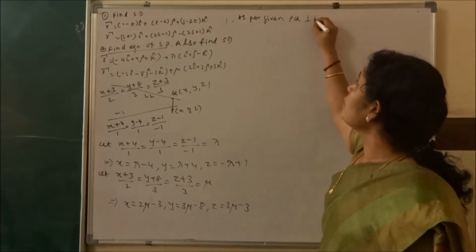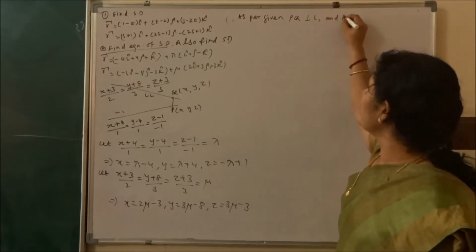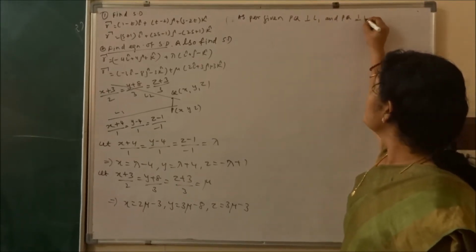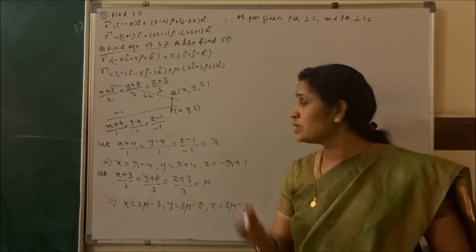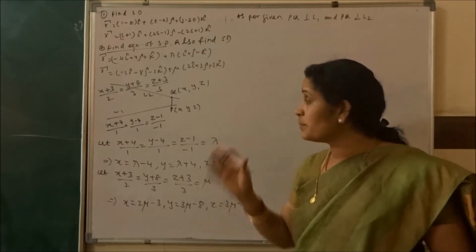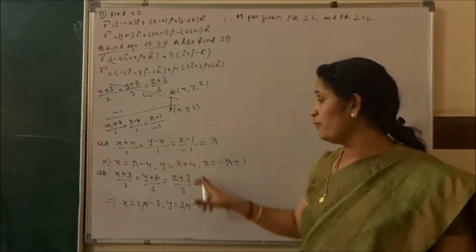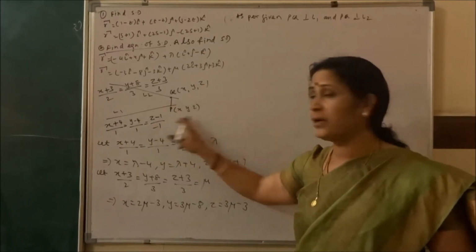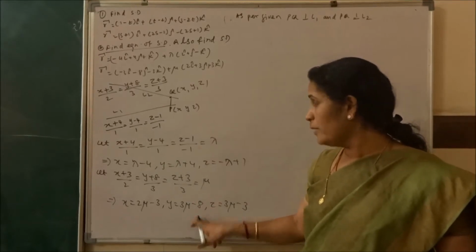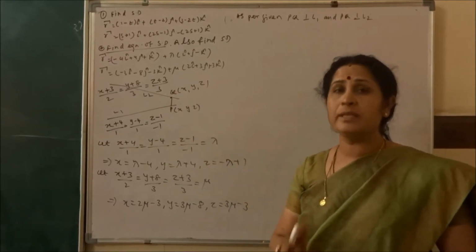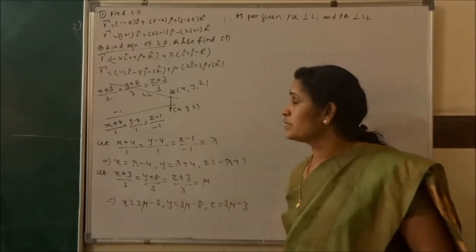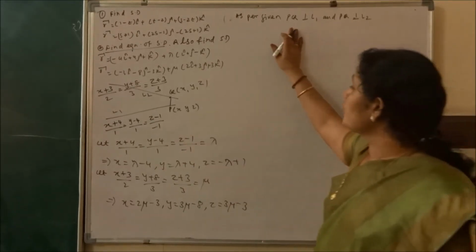PQ is perpendicular to L1 and PQ is perpendicular to L2. Am I correct? So if two lines are perpendicular, then the dot product of the direction ratios equals 0. With that concept, I need the values of lambda and mu. If I have the value of lambda, I will get the P point. If I have the value of mu, I will get the Q point. Then with the two-point form you can very easily get the equation of the shortest distance. Clear?